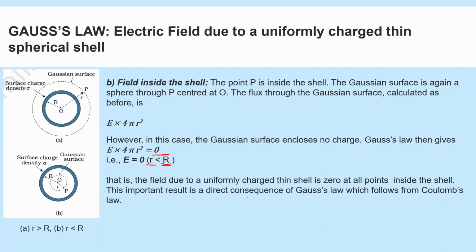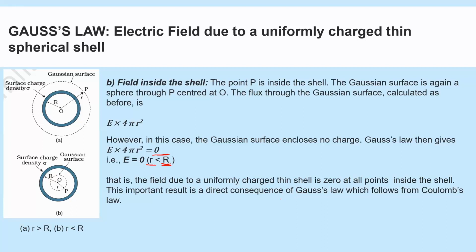That means that for the uniformly charged thin shell, the field is 0 at all points inside the shell. This is a direct consequence of Gauss's law, which follows from Coulomb's law that we had defined to find the electric field.